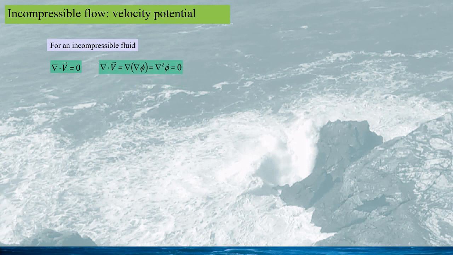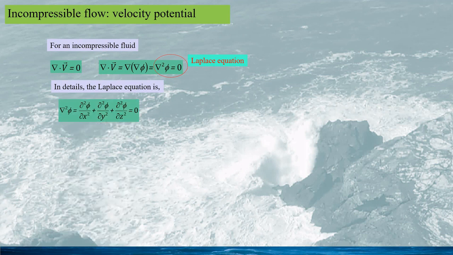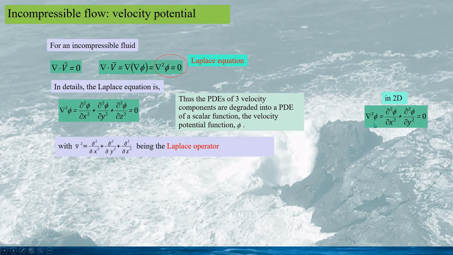Applying the potential function to the continuity equation leads to the Laplace equation. In detail, the Laplace equation can be written in this form. As such, the problem with three velocity components is reduced to one scalar potential function phi. In 2D, the Laplace equation can be rewritten like this.